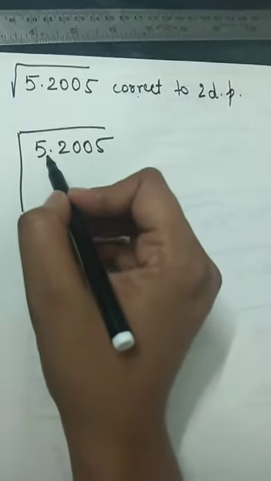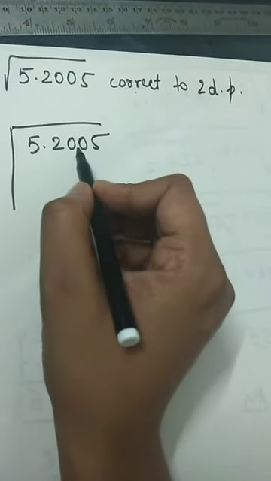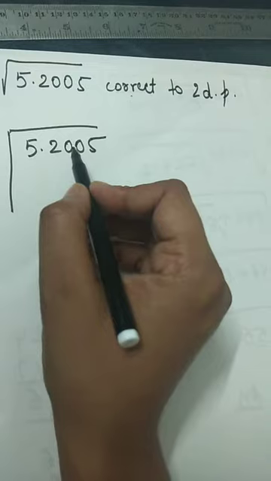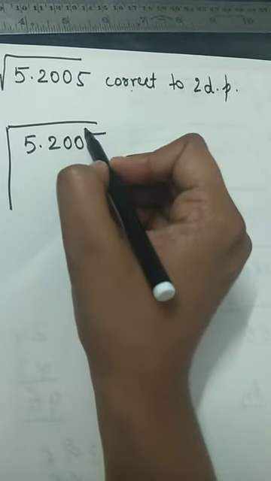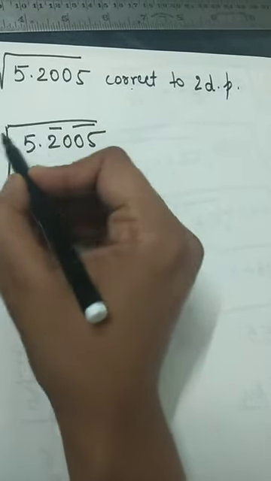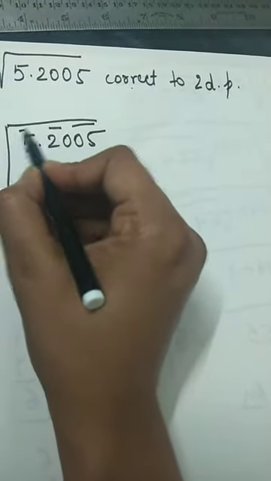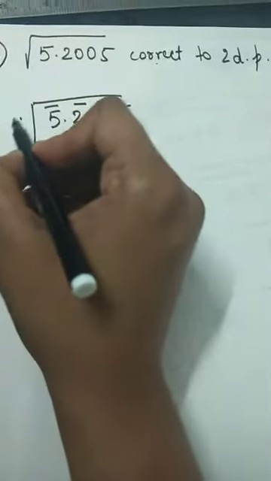Now again we can see here we are having the whole number as 5 and the decimal number as 2005. Now we will pair the decimal part from the right hand side, and we will pair the whole number part. Now we will read the square table.